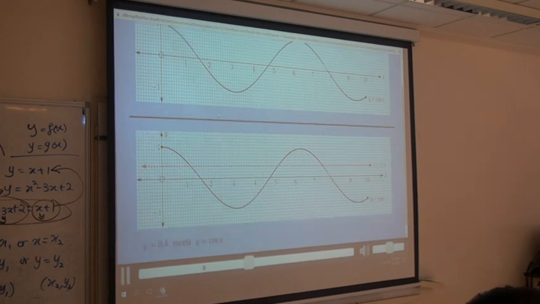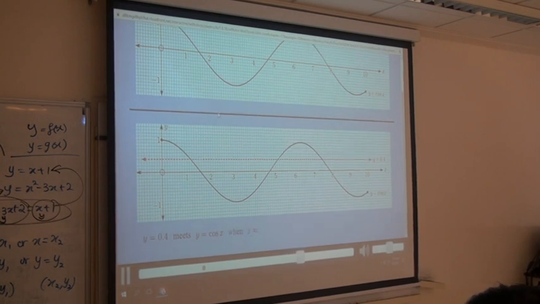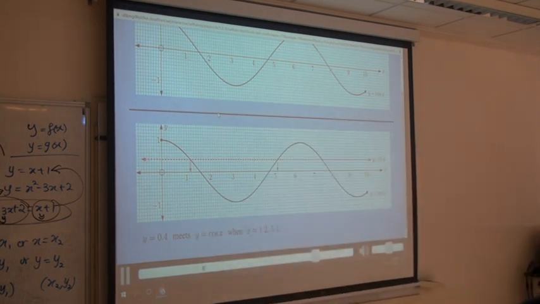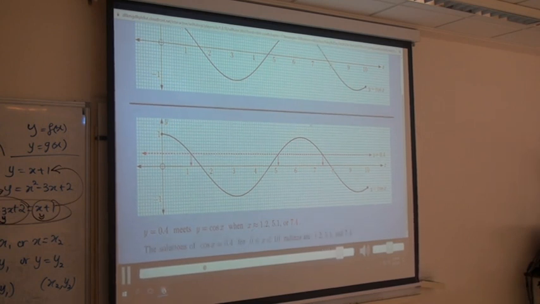On this restricted domain, the solutions to cos x equals 0.4 occur when the graph intersects the horizontal line y equals 0.4. We can see this occurs when x is approximately 1.2, 5.1, and 7.4 radians. These are the solutions of the equation on the restricted domain.